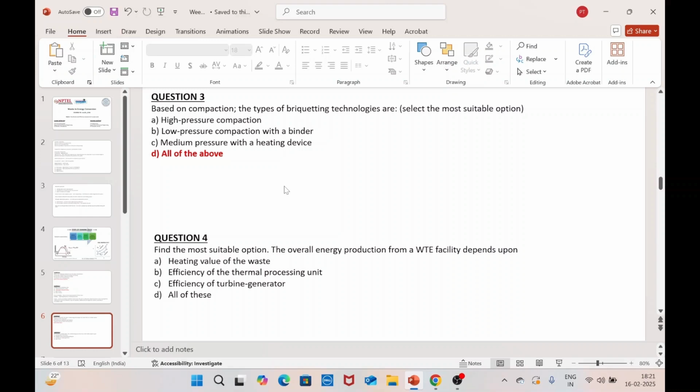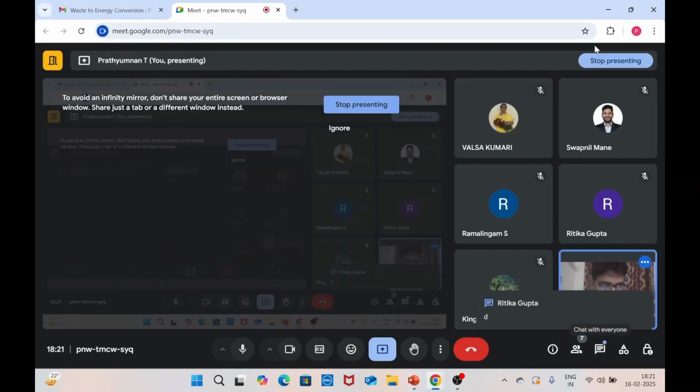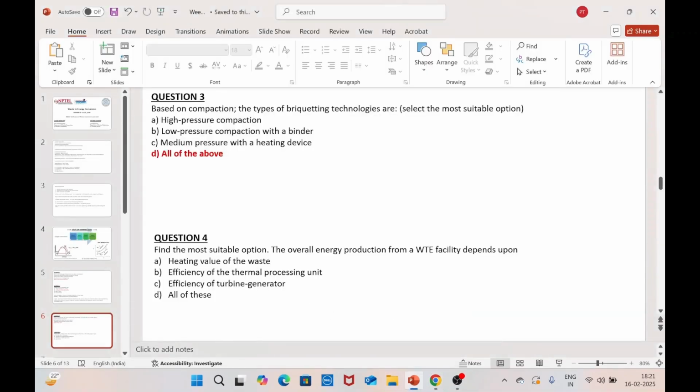Now coming to question 4, the overall energy production from a waste treatment facility depends upon the heating value of the waste, the efficiency of the thermal processing unit, and the efficiency of the turbine generator. D, okay. Any other response, or is the option correct?